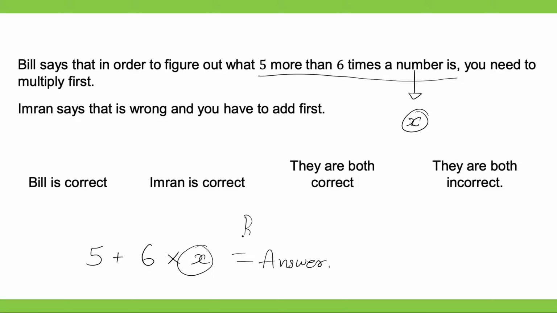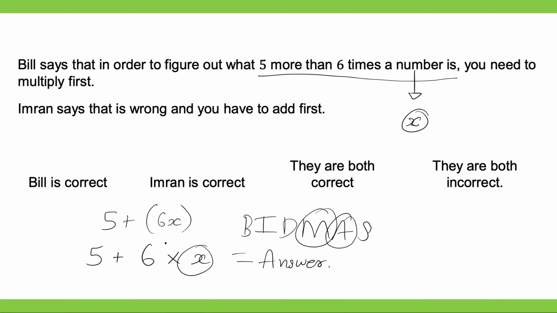And according to this BIDMAS rule, you need to multiply before you can add. So you would have to multiply first. So it would be 5 plus, you can either write it like this, 6x. So you would do multiplication first. So who says you need to multiply first? Bill says it. So Bill is correct in this case.